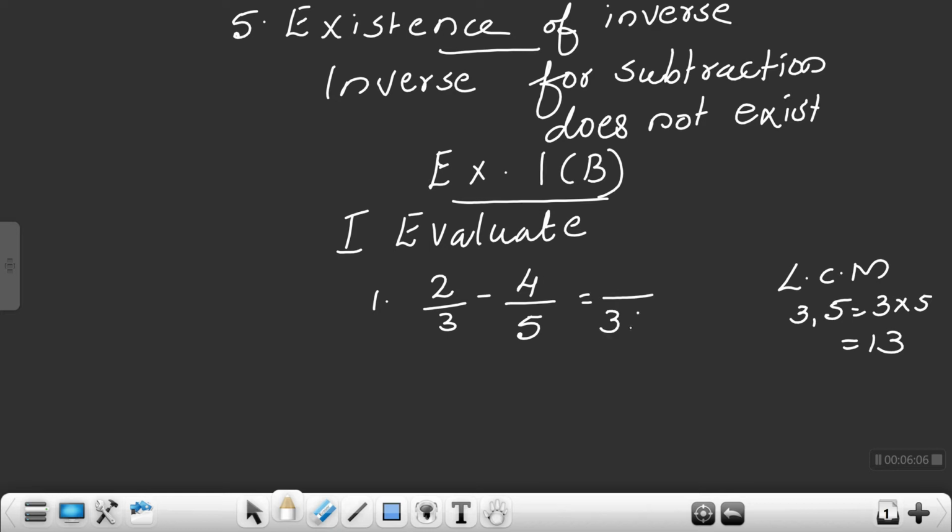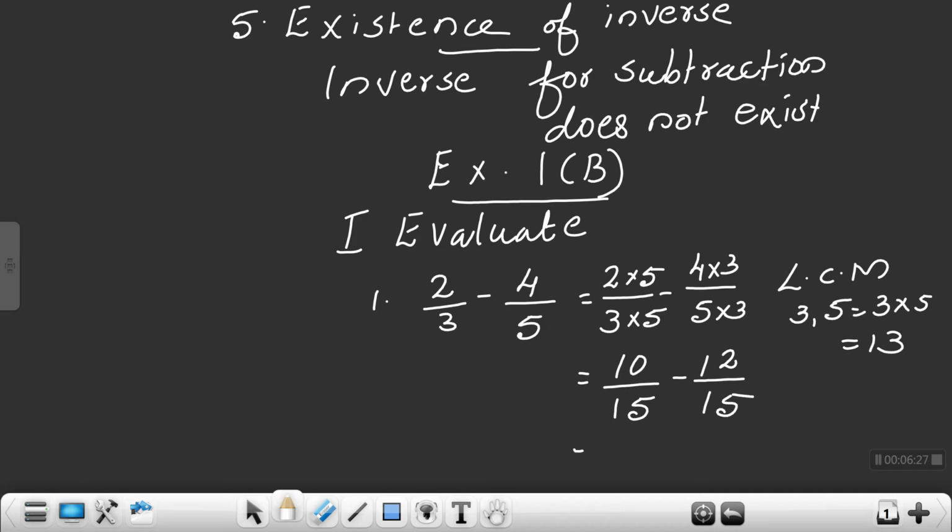Next, convert each denominator into 15. The first rational number is multiplied by 5 and the second by 3. That is 10 by 15 minus 12 by 15. Common denominator 15, 10 minus 12, that is negative 2 by 15.